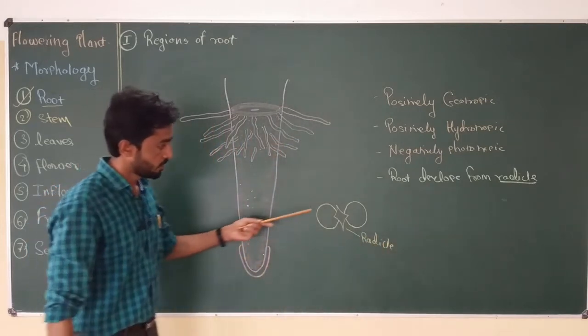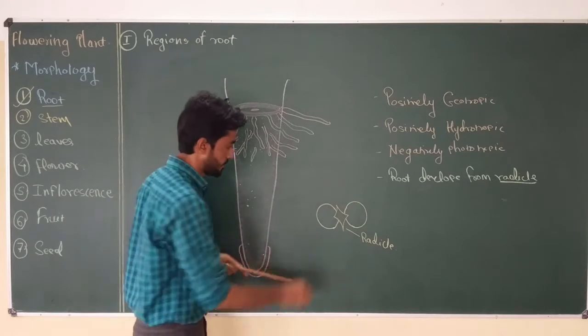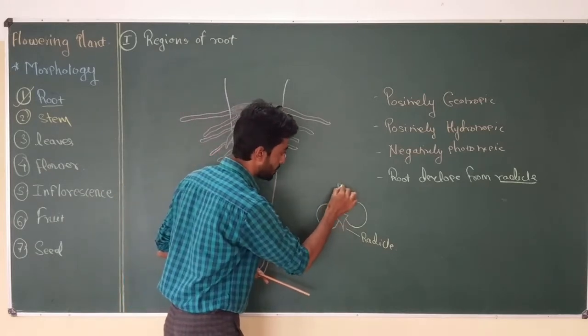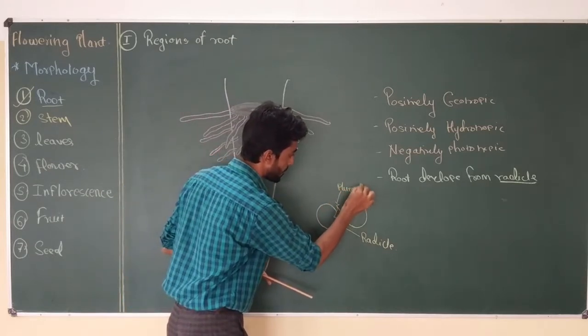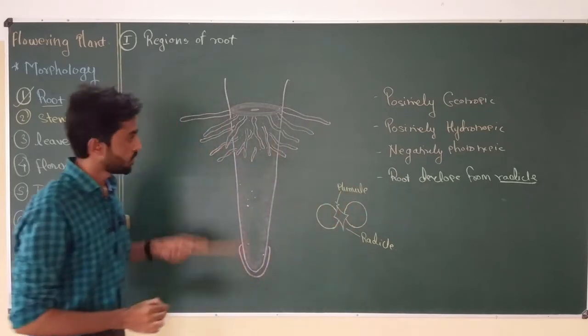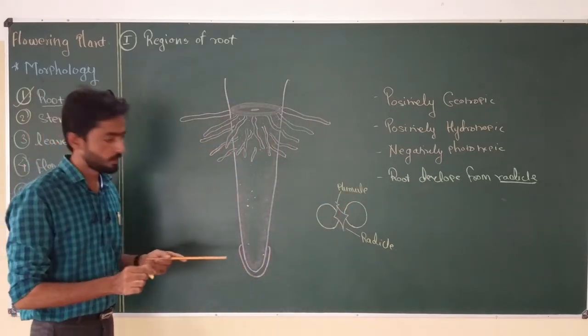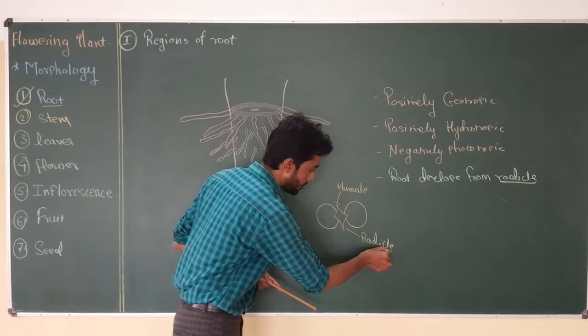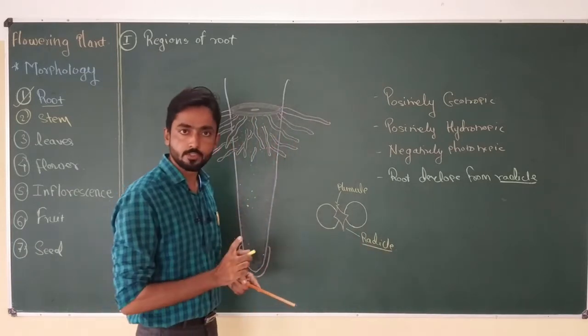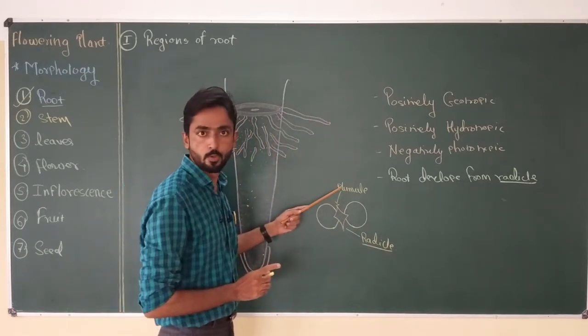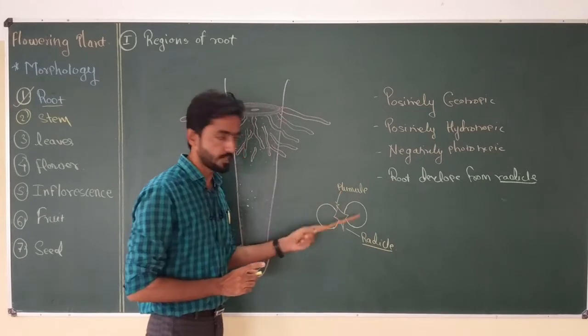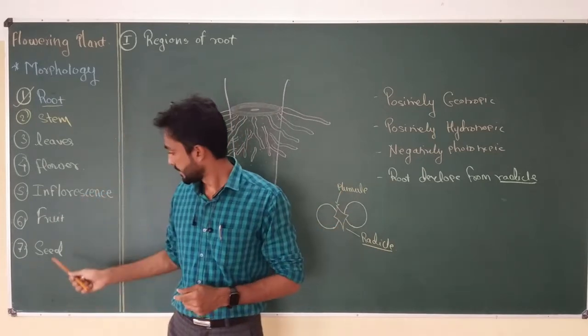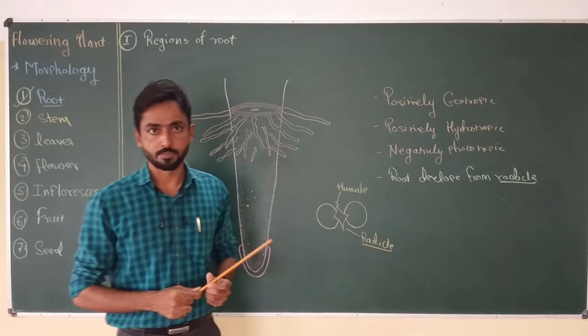While the other part, which grows upward, is called the plumule. So root system is developed from radicle, while shoot system is developed from plumule. We are going to talk in detail about the structure of seed in upcoming videos of this series.